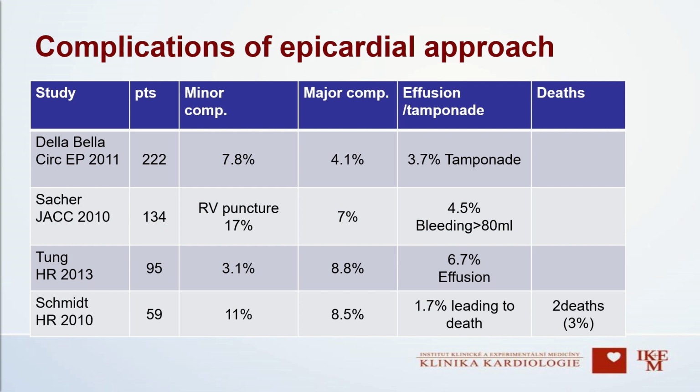So this is a summary of earlier studies. You see that the major complications could be again around 8%. In many series there were tamponades described, and there were also some deaths even in a small cohort of patients.